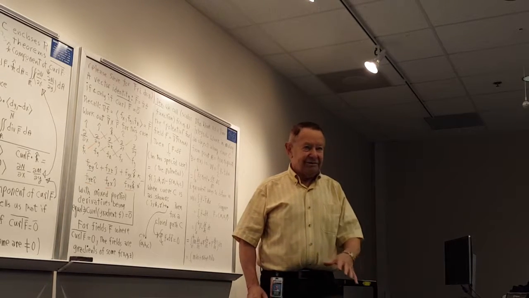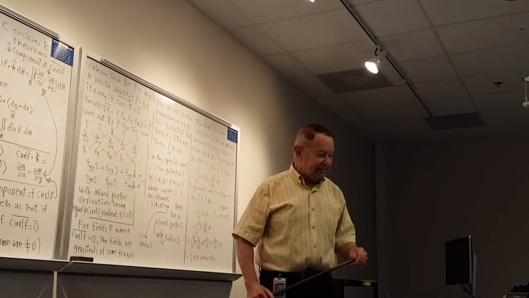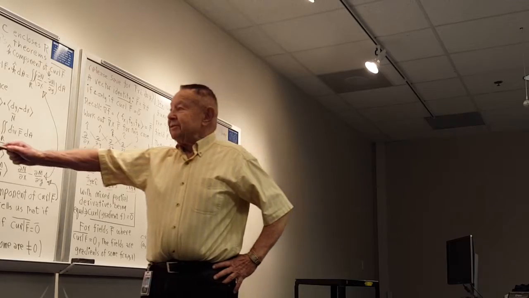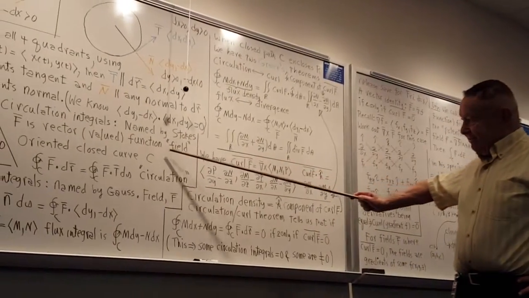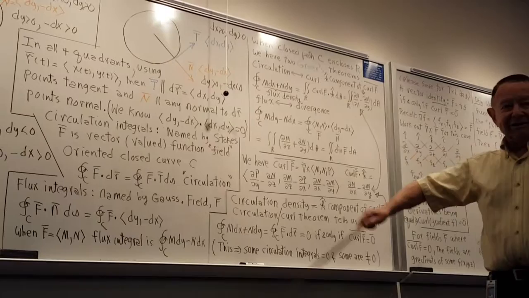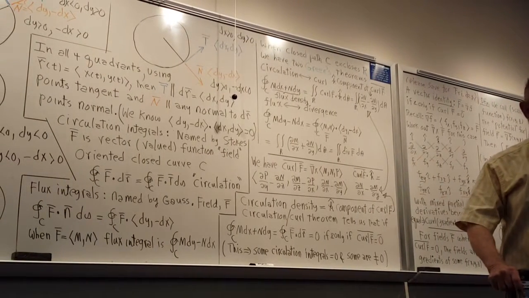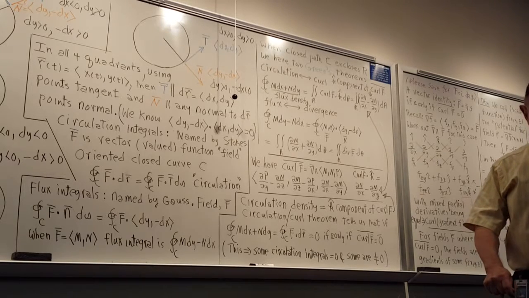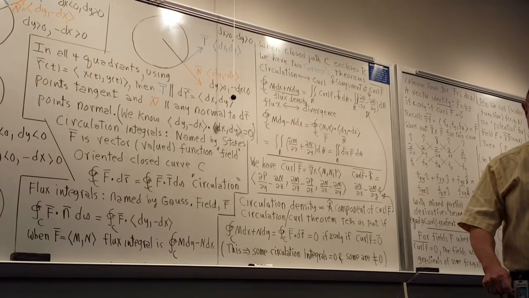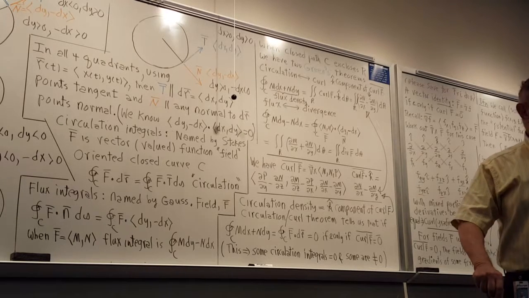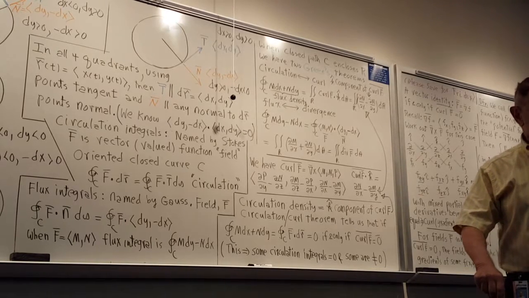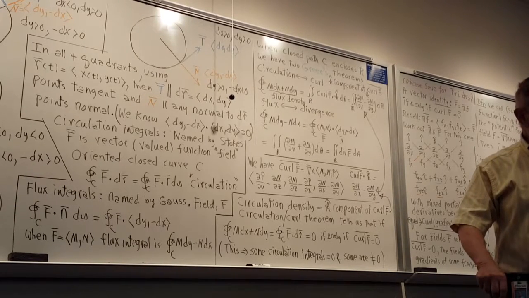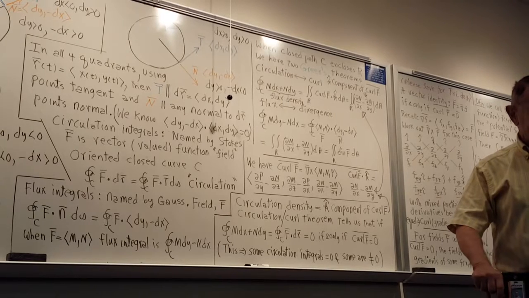Most of Stokes' work was after Gauss would have died, but anyway, we're thinking of F as a field, which we talked about yesterday. Our word field means a vector function, which may be one of the three kinds we talked about yesterday. It can be a thing like the gradient, where the domain is a scalar, and you do the gradient of a scalar function and you get a vector valued function.